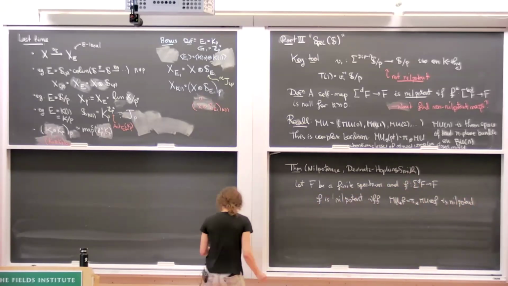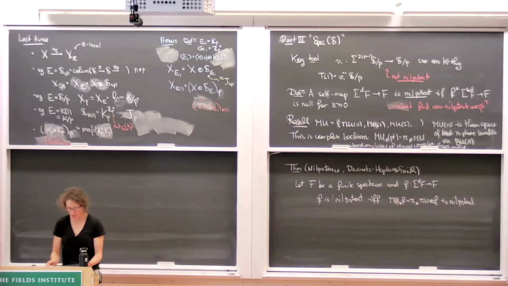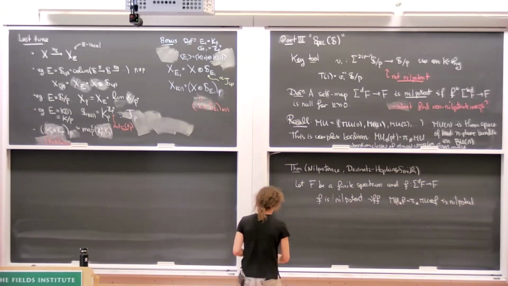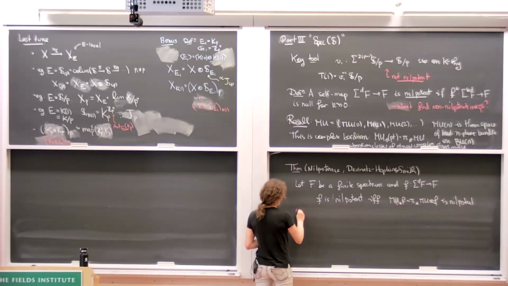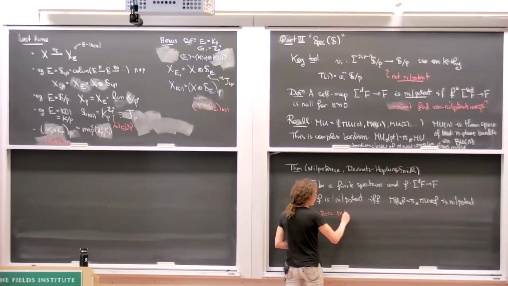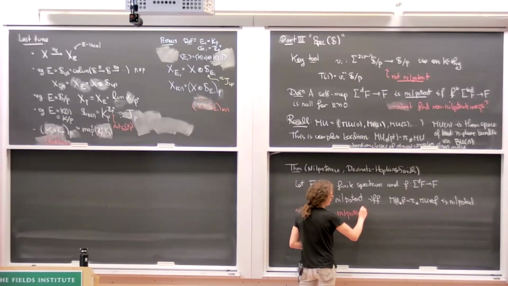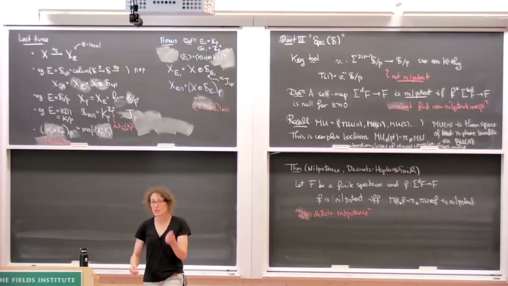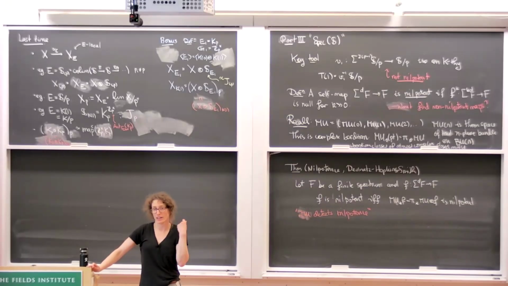Okay, so this is part of the statement that mu detects nilpotence. So I have a self map, and I want to know, is it going to be good for me, or is it going to be a self map that I can iterate and hope to have always non-trivial iterates?